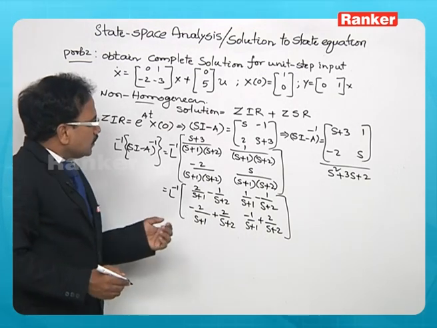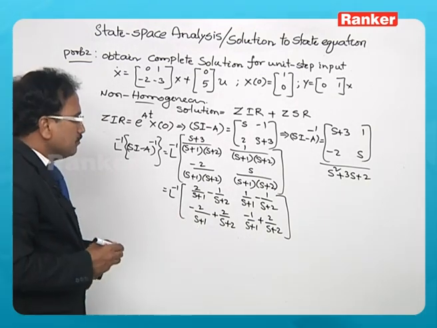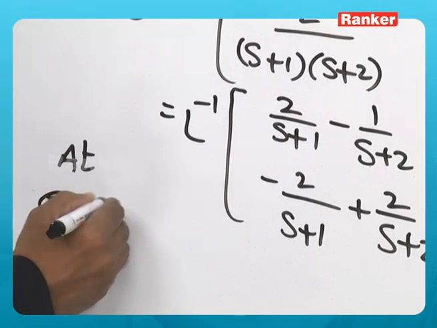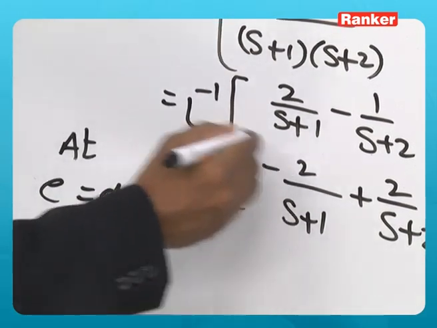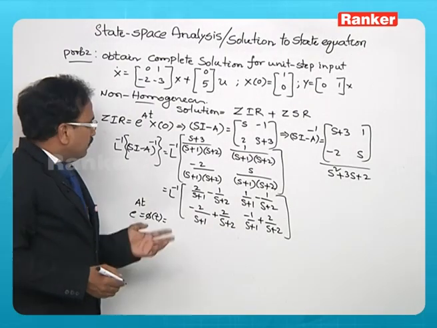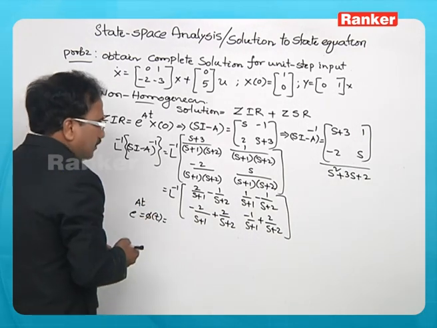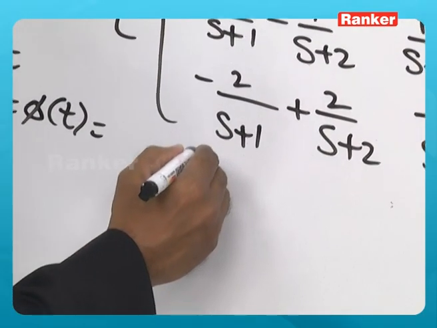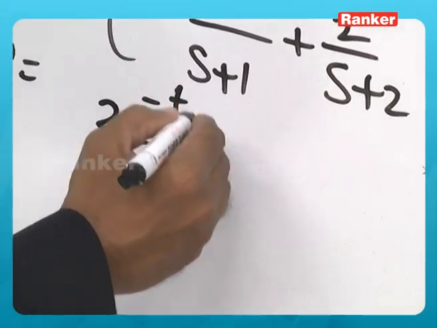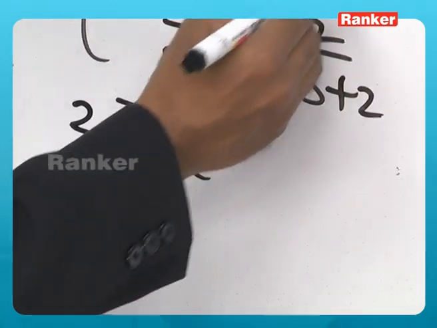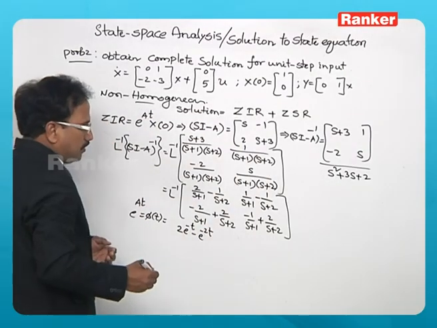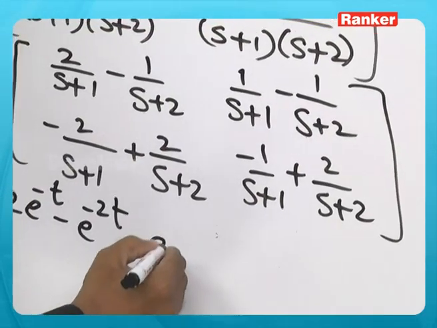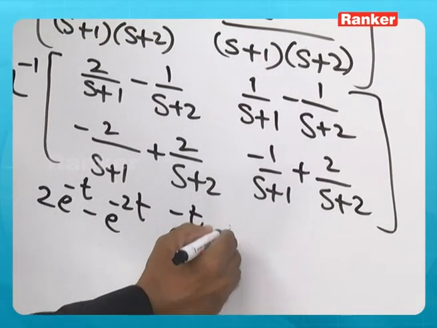Now it is easy to apply the Laplace inverse because we need to get e power At. This is nothing but phi of t, and the resultant you get when you apply the Laplace inverse for each and every term. So, 2 by (s plus 1) gives 2 e power minus t minus e power minus 2t, that is the first component, and the second one is e power minus t minus e power minus 2t.